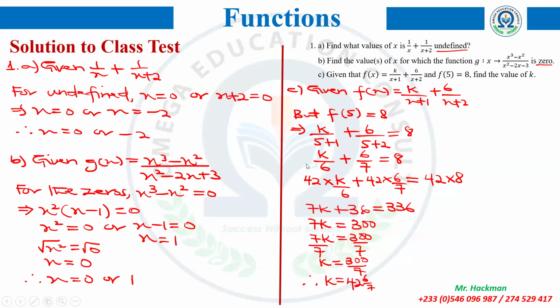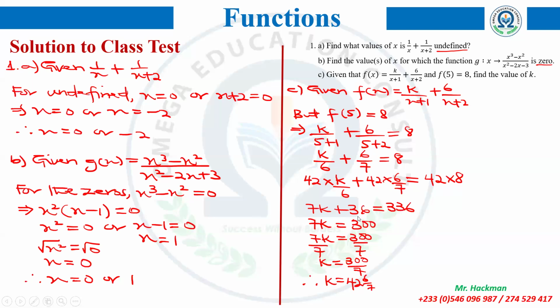But I did this just for explanation purposes, for you to easily relate. So now, what do we have? It will be this one times 42, this one times 42, and this also times 42. So you end up getting 7k, because 42 divided by 6 is 7, 7 times k. 7k is equal to, 6 times 6 is 36, equal to 42 times 8, which will give us 336.